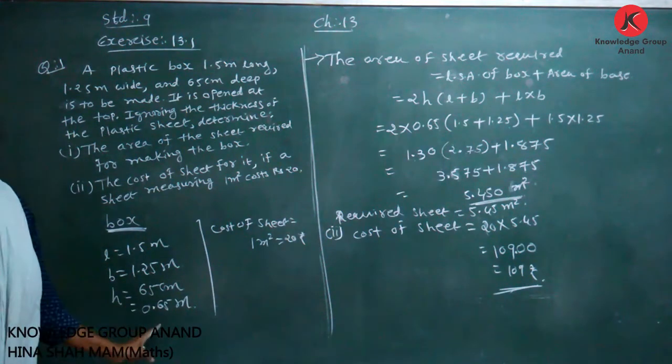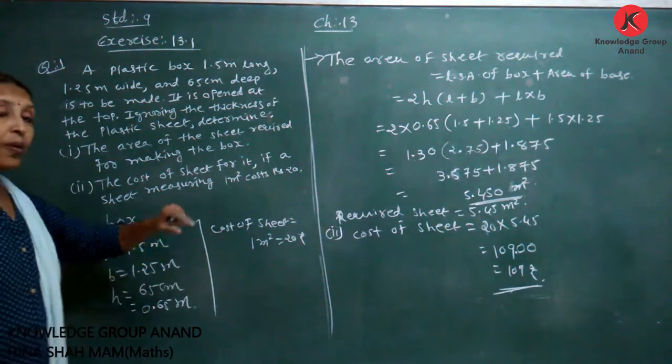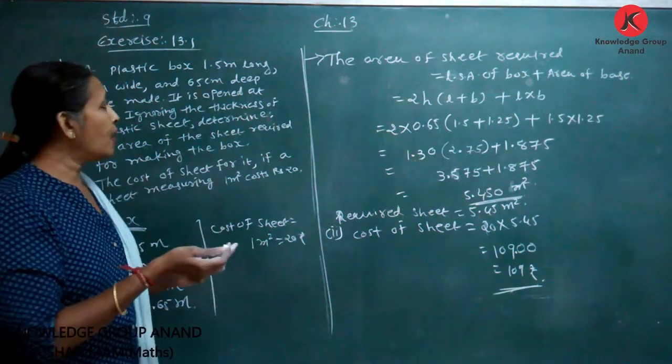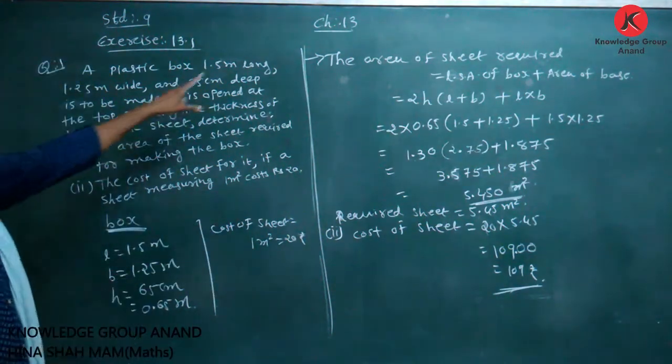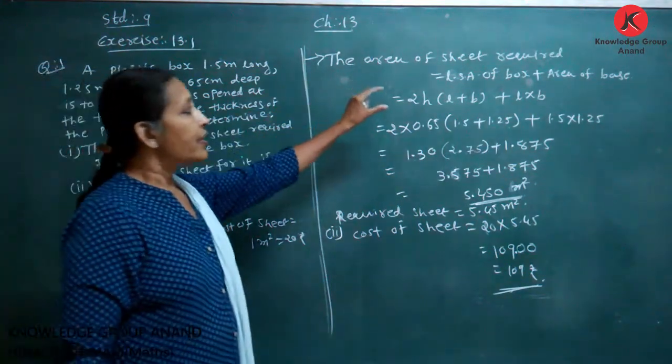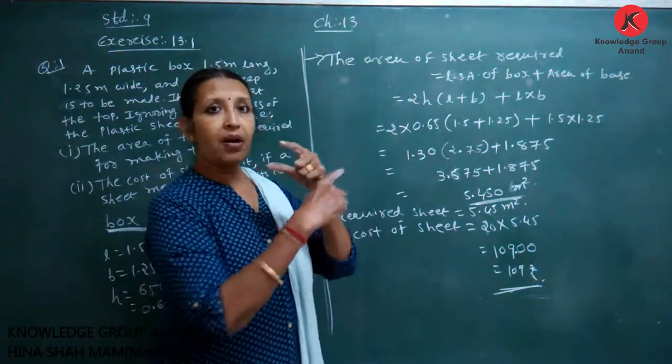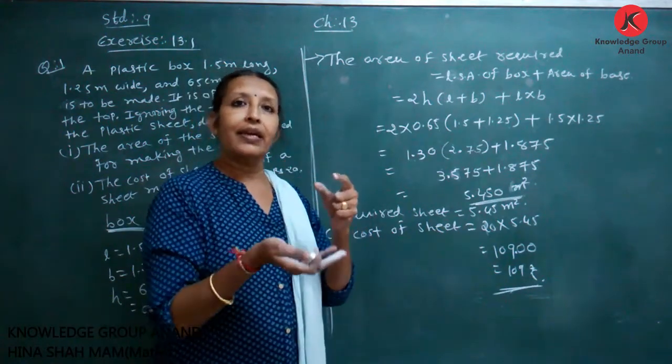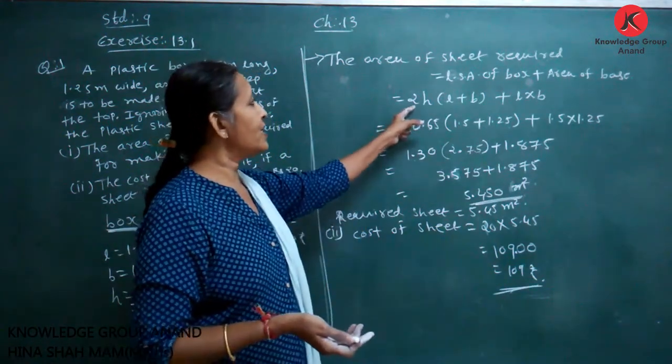Again this question: the box length, breadth and height are given. It is open at the top. Then we calculate its area, which is equal to lateral surface area of box plus area of its base.